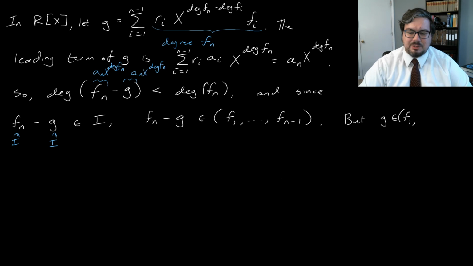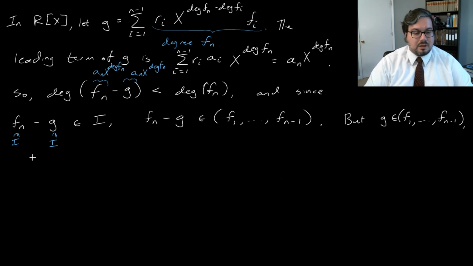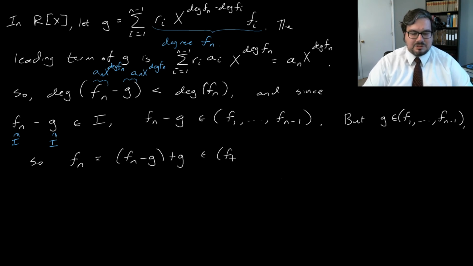So g actually belongs to the ideal generated by f1 through fn minus 1. And so that means that fn itself, which is equal to fn minus g plus g, has to belong to this ideal f1 through fn minus 1, a contradiction.